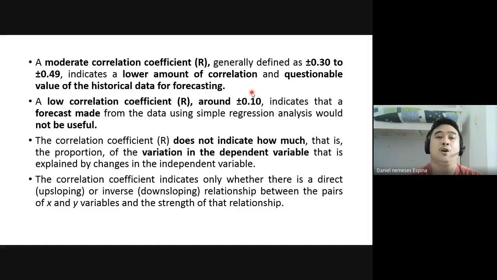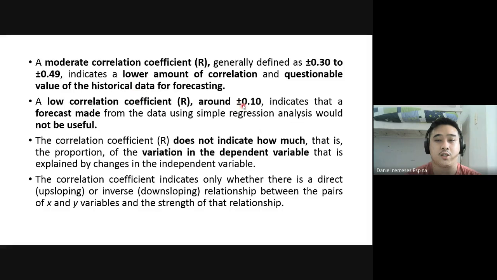So medyo doubtful ka whether sakto ba imong estimate in the future because the correlation coefficient is lower than 0.50. So questionable siya to use the historical data for forecasting.